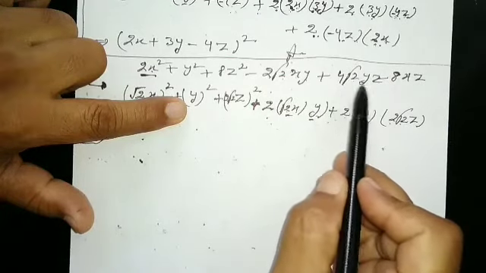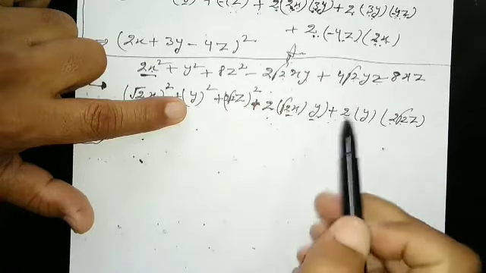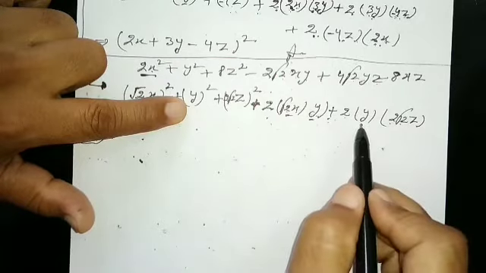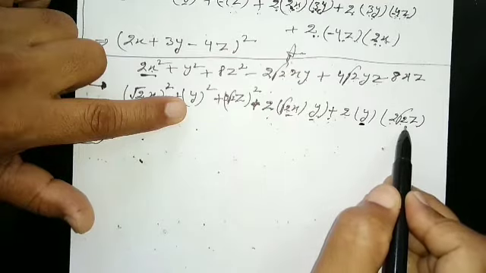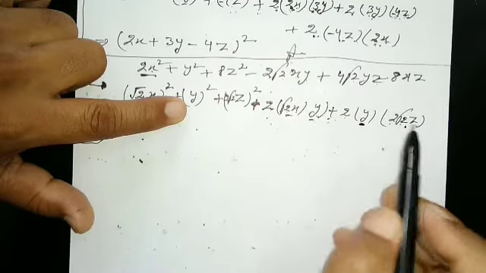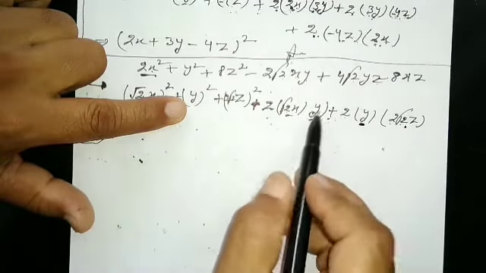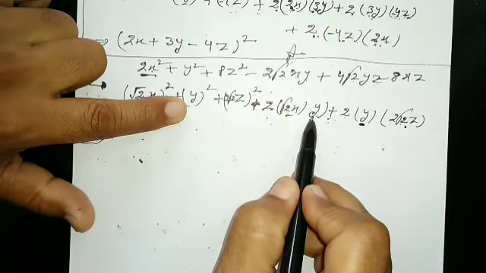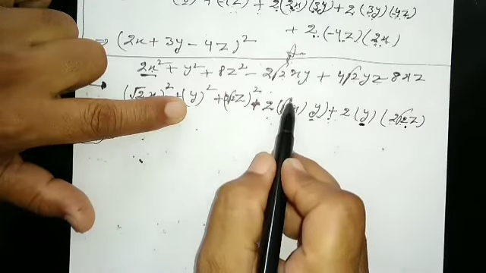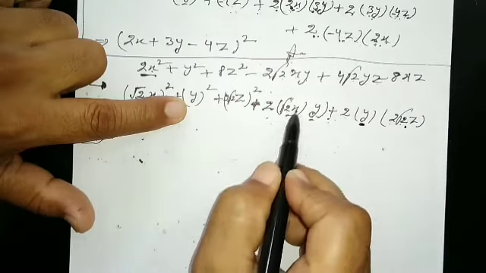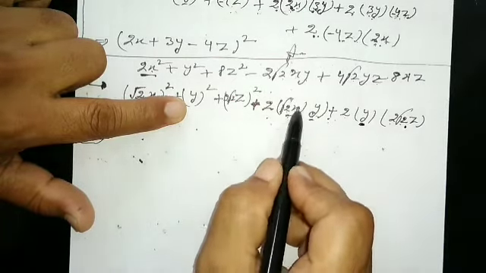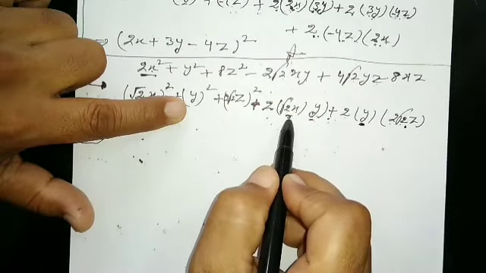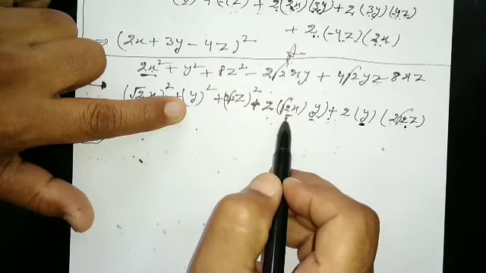We have 4 root 2 yz, and this is positive. Means y is positive and root 2z is also positive. Okay, so here it is clear that y is positive. So the remaining term may be negative. Till now it is not confirmed whether it is negative or not, but it's showing the sign.